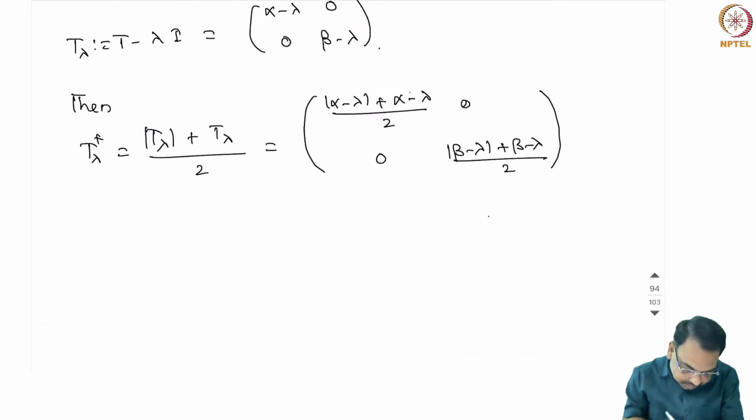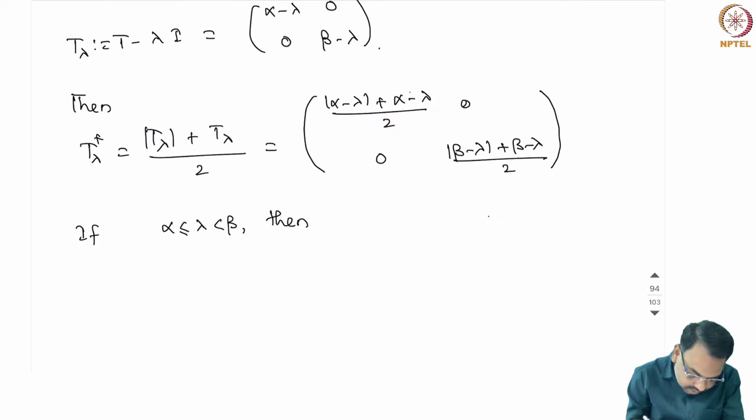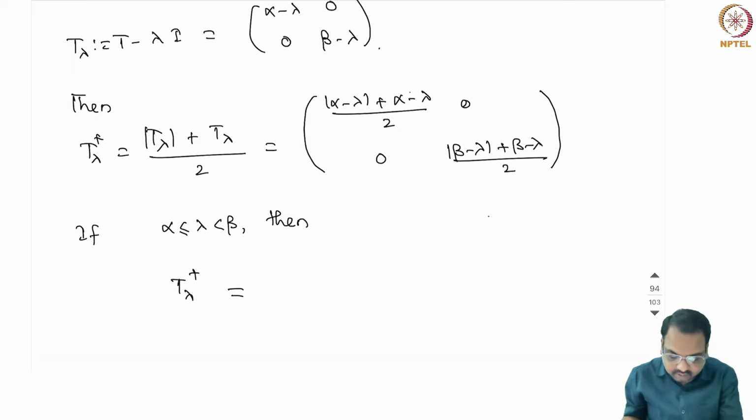Now if you take alpha less than or equal to lambda less than beta, then when alpha is less than lambda, alpha minus lambda is negative.